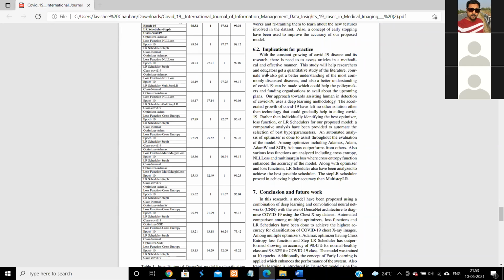This study will help researchers and educators get a quantitative study of literature. So we need to mention here also what the novelty of our paper is and how it is going to benefit the researchers who are doing research in this similar kind of topic. So we can mention the novelty as well as what we have done in it.